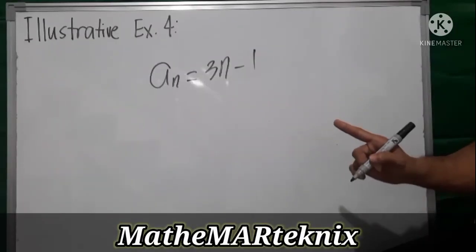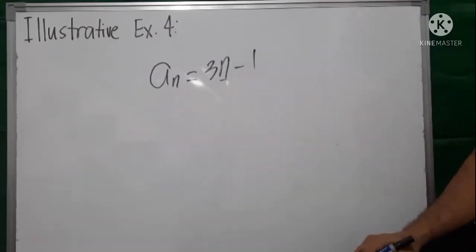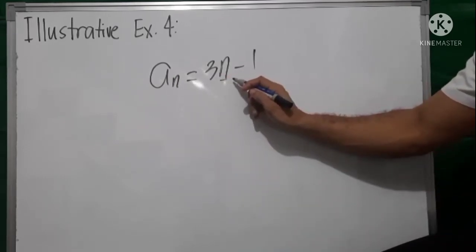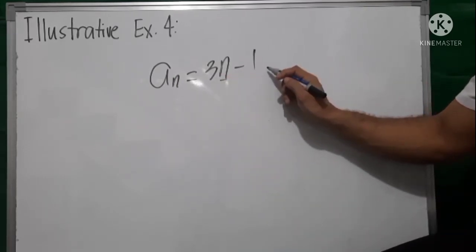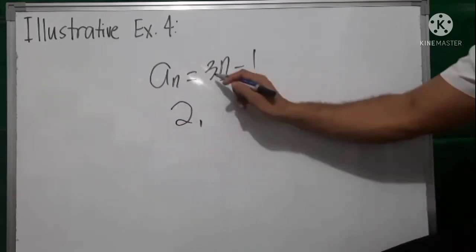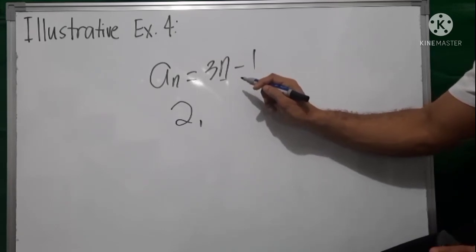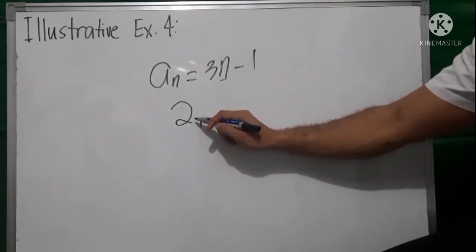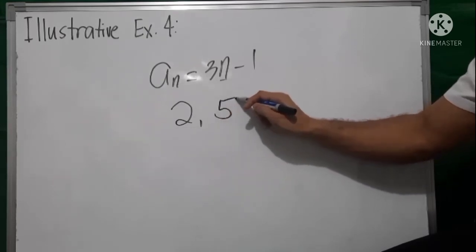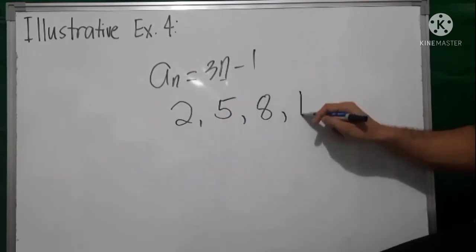For the mathematical technique, let us substitute n by 1. So what is 3 times 1? So that is 3, right? Minus 1 equals 2. Therefore, the first term is equal to 2. So since we have 3n or 3 times n, the technique here is just add 3 on 2. So we have 5. And then add 3 on 5, we have 8. And add 3 on 8, we have 11.